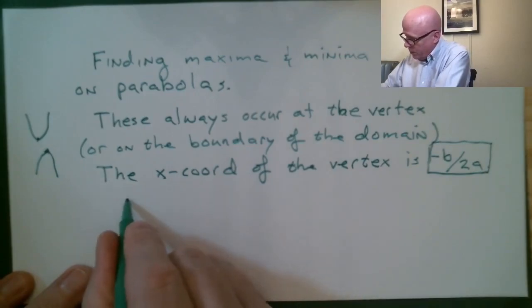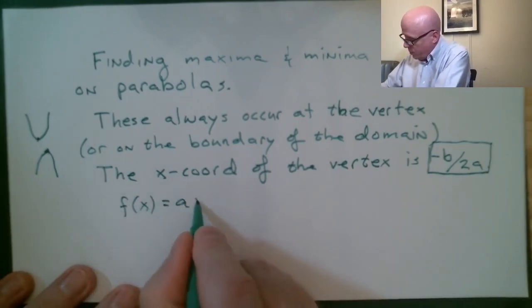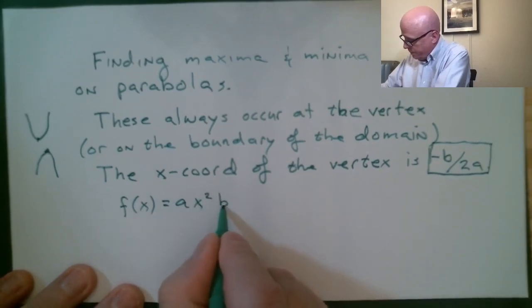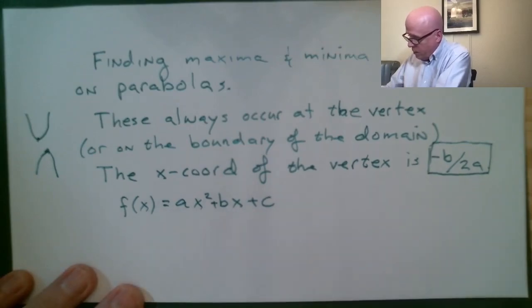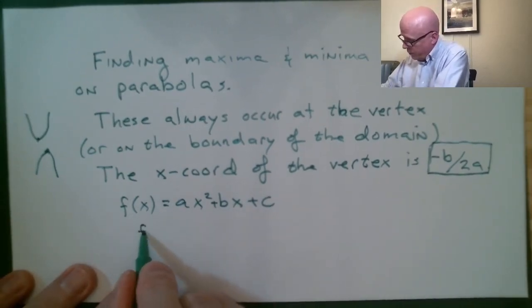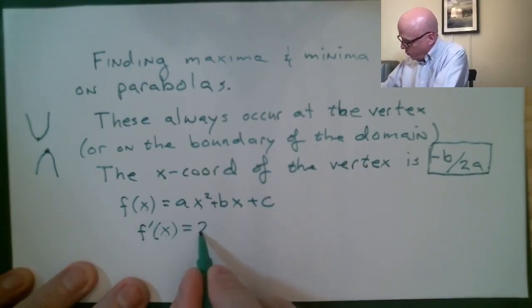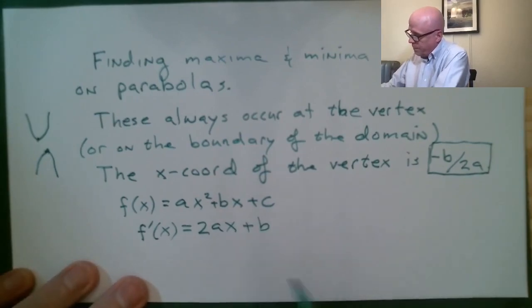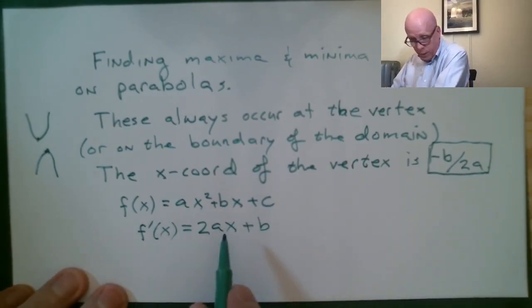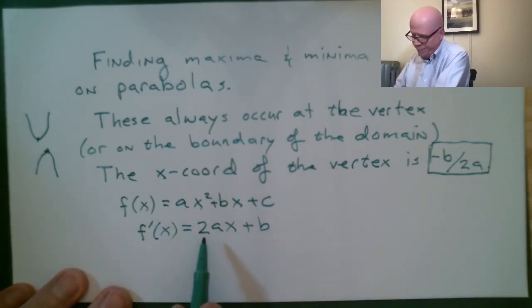So let's suppose our f of x was ax squared plus bx plus c, where a, b, and c are constants. Well, the derivative f prime of x would be 2ax plus b, right? And so if you try to do what I just said, look at where this is undefined or where it is 0. First of all, undefined is not going to happen.